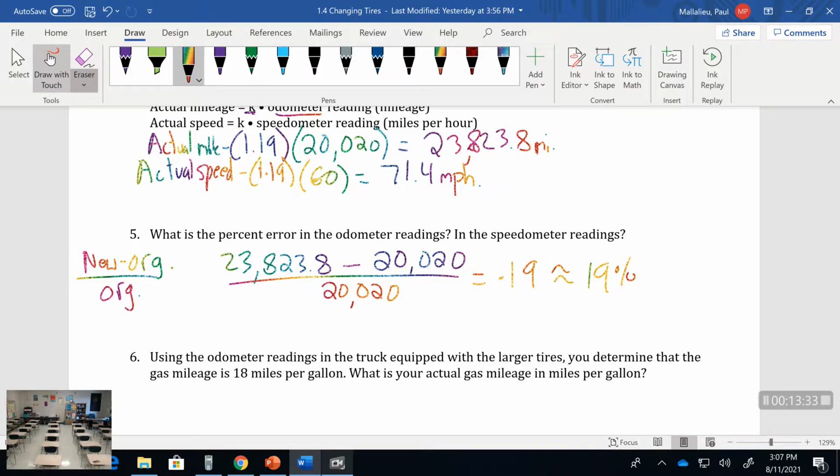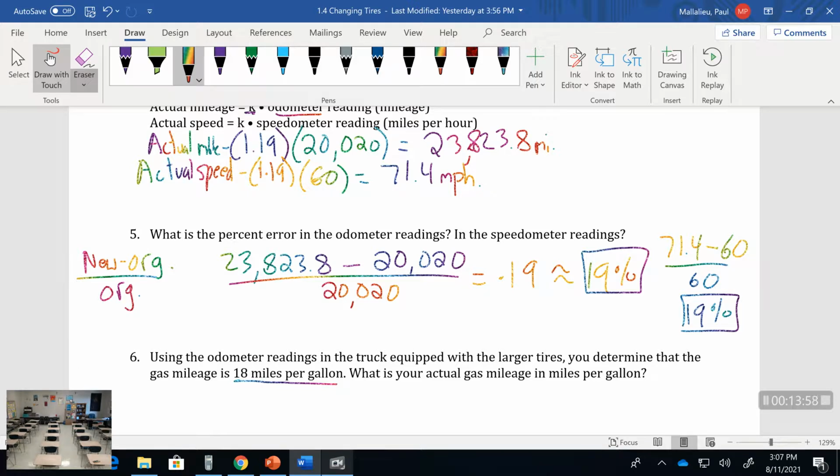The speedometer is the same thing, new minus original over the original. So 71.4 was our new, the original was 60. We divide that by 60, and that would also tell us 19%. All right, so using the odometer reading in the truck equipped with the larger tires, you determine that the gas mileage is 18 miles per gallon. What is your actual gas mileage?